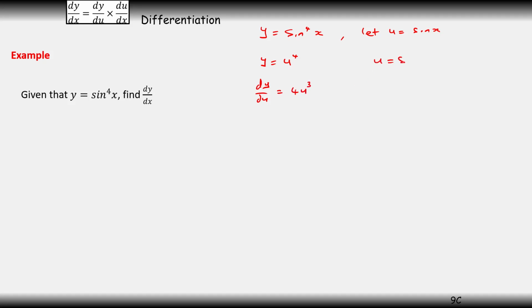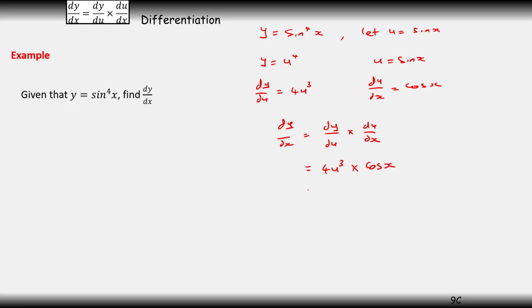Now, u equals sine x. I can differentiate sine x. So du with respect to x is equal to cos x. Chain rule, dy over dx is equal to dy over du times du over dx, which is 4u cubed, and I'll multiply that by du over dx, which is cos x.